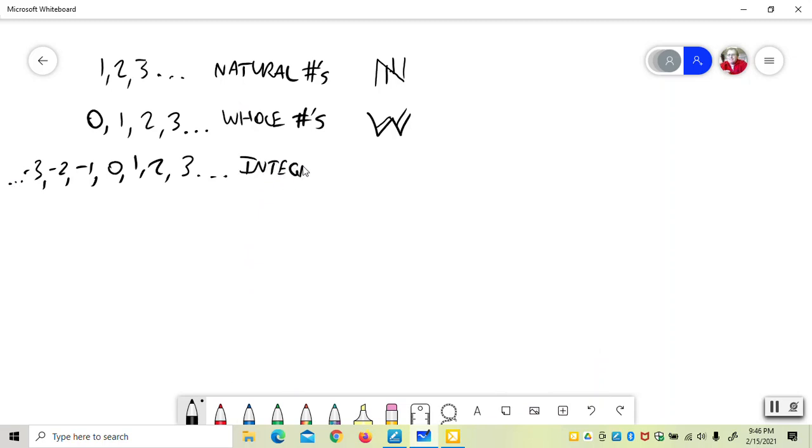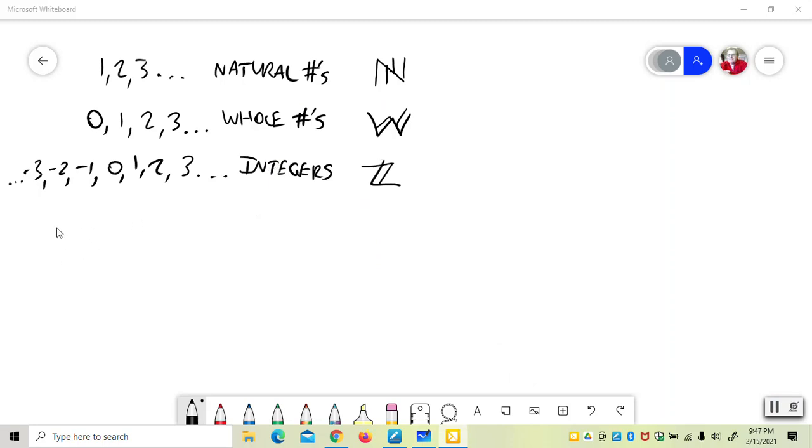They are negative or positive, but there are no fractions allowed yet. So we use Z for the set of integers, from a German word. So thus far, we've not had fractions. Natural numbers N, whole numbers W, integers Z.